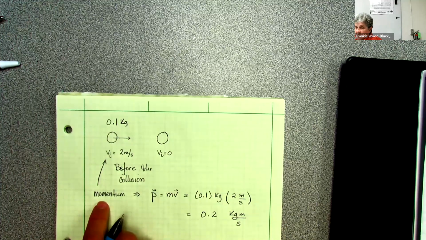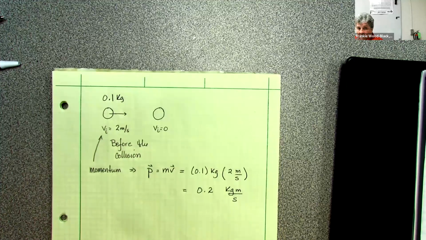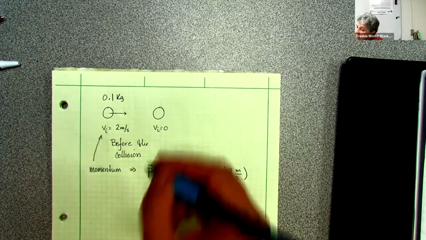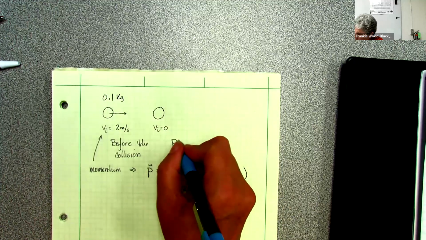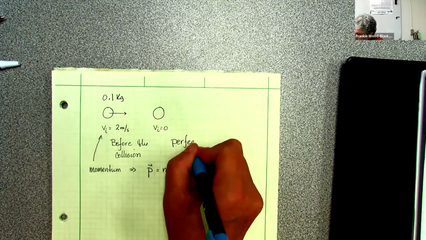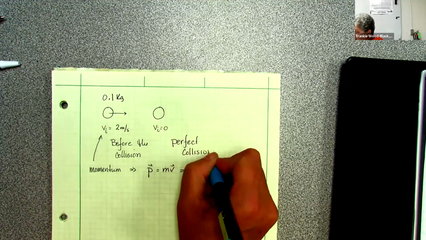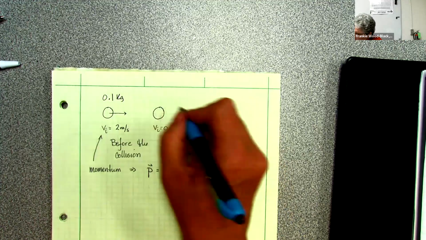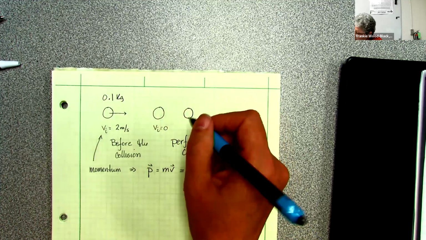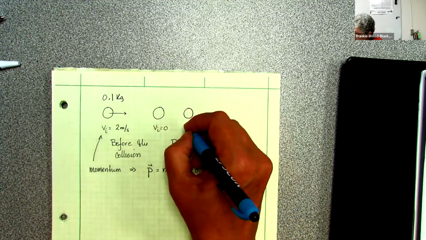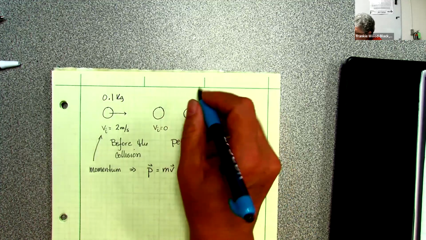And then I have this idea of momentum. Now we've played marbles before, and we know if we have a perfect collision, what happens is the first ball ends up with a final velocity of 0.